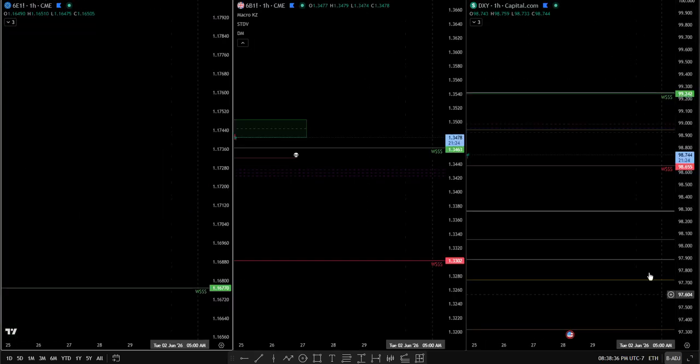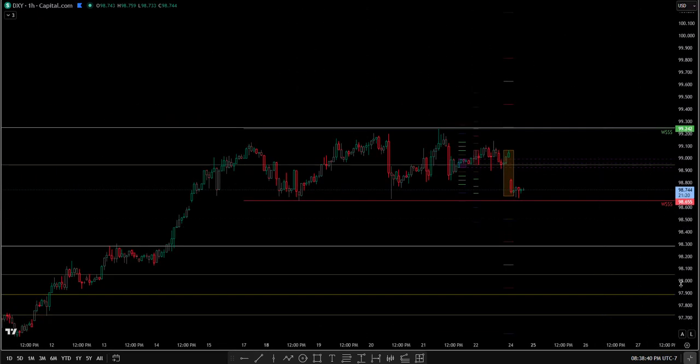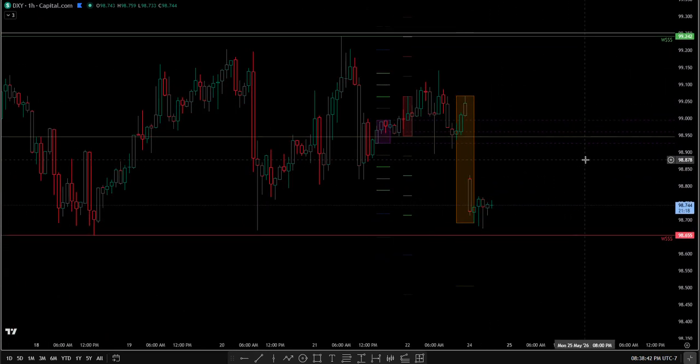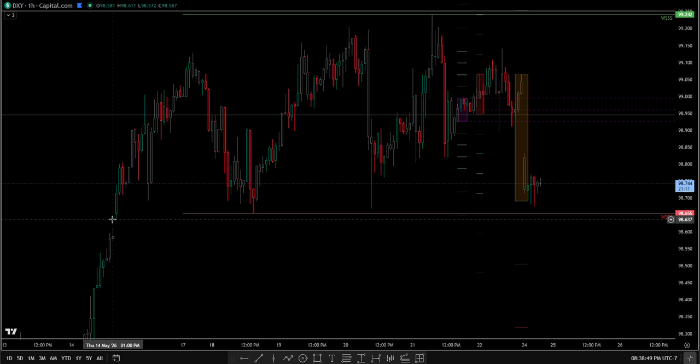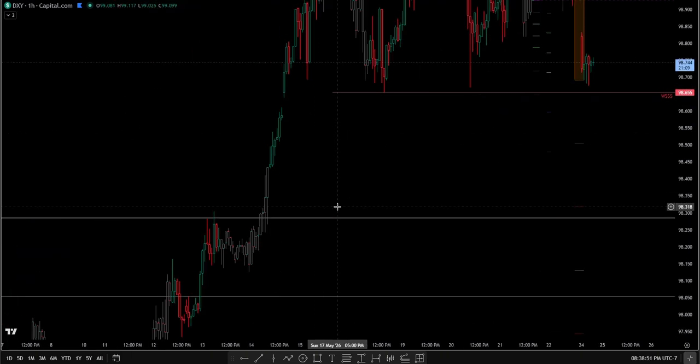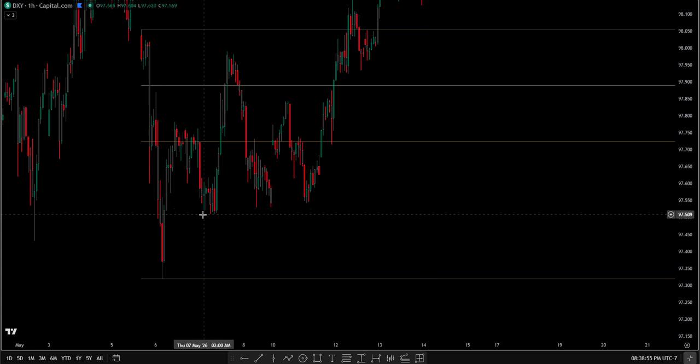I want to check out, let's go to Dixie. This is sell side, this is the gap. Do we have equal lows down here somewhere? Relative equal lows down here.